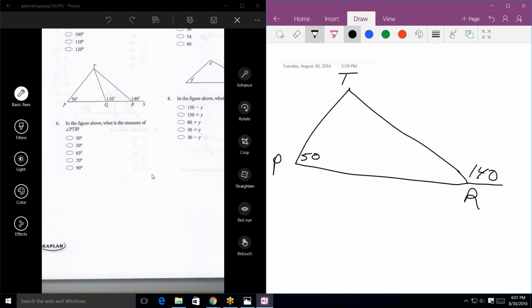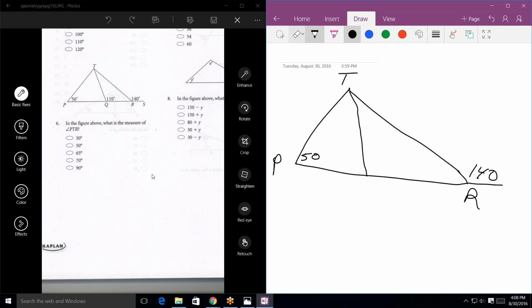So the angle of PTQ would have to be 60 degrees, because 50 plus 70 equals 120, and 120 plus 60 equals 180. And 110 plus 40 equals 150, so angle QTR would have to equal 30 degrees.